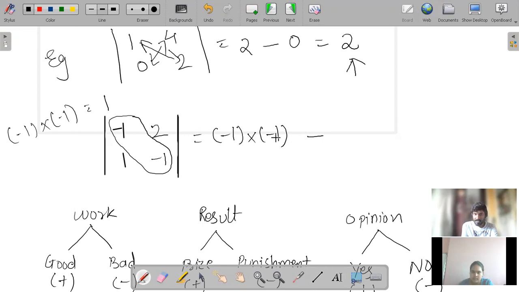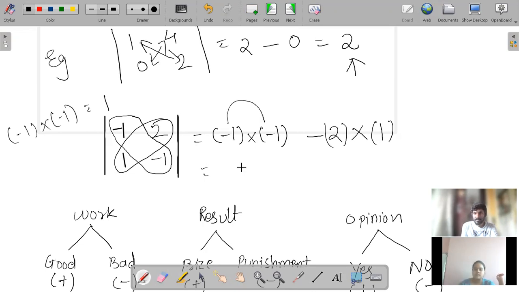Put a minus sign and then you multiply this, 2 into 1. Minus 1 into minus 1, how much is it? 1. This minus sign as it is. 2 into 1, how much? 2. And 1 minus 2? Minus 1. Now is it clear?